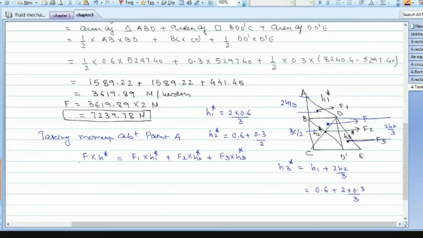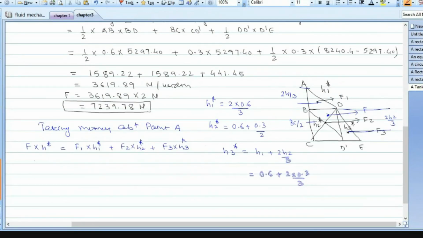Now we put down the values. We have the total force F, that is 7239.78, into H star, which is unknown.